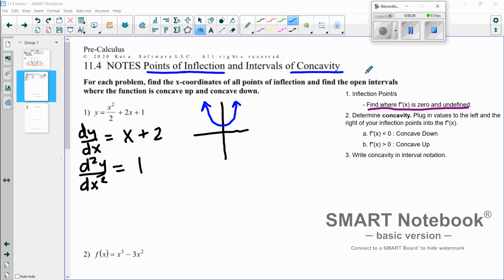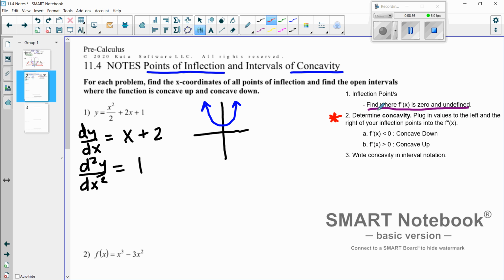Because those inflection points are what determine our interval. So in this step 2, determine the concavity, well, we don't have to plug in values into our second derivative here. And that's what it says in step 2, plug in values to the left and the right of your inflection points into the second derivative. Well, here, since there's no inflection point, we don't have to do this step.